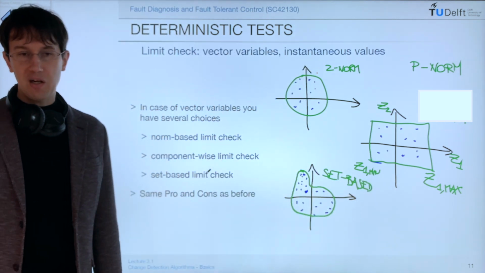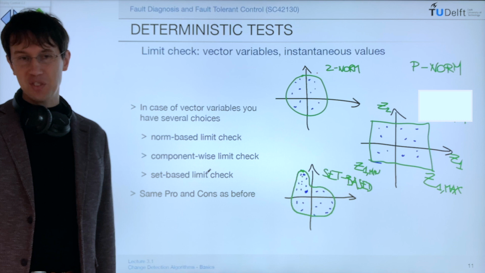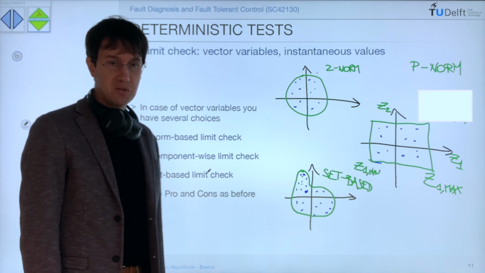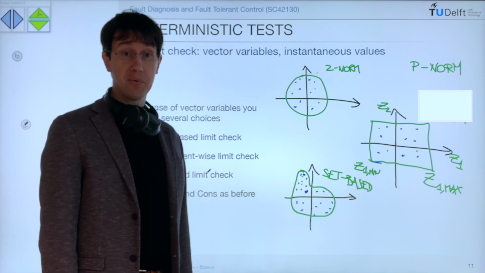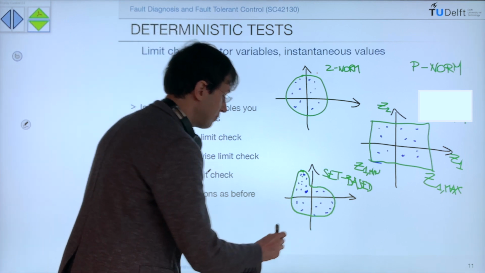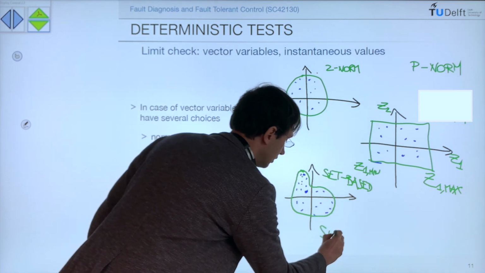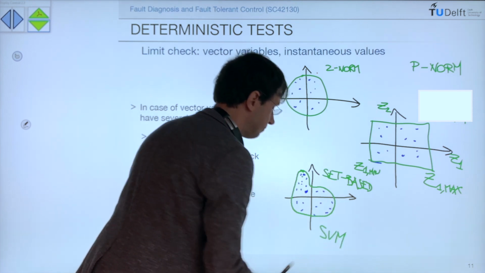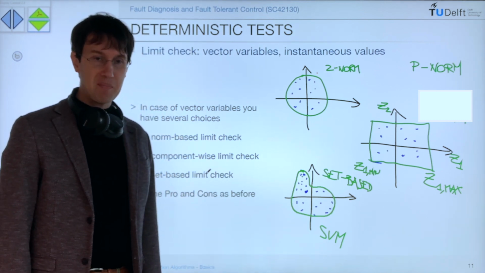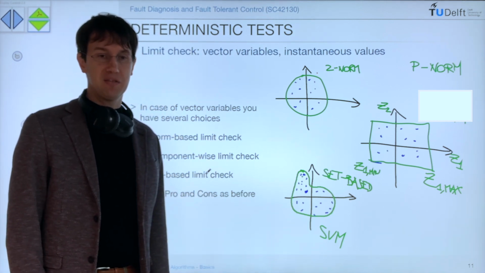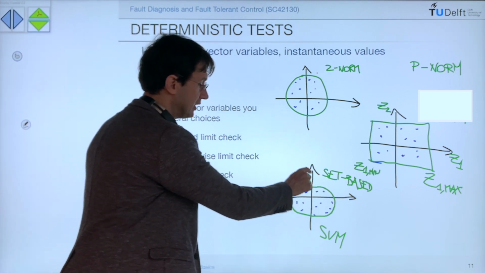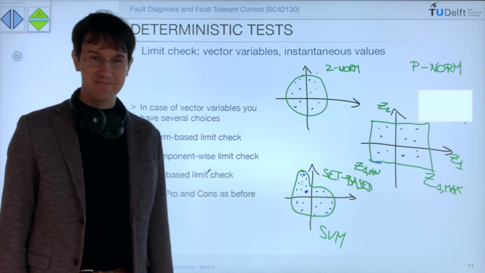And this is what a lot of classification detection algorithms in machine learning are doing. So if you know something about support vector machines, SVM in short, they are doing actually this. So I'm not going into the details of that, but they allow you to define a boundary that is in some way arbitrary.